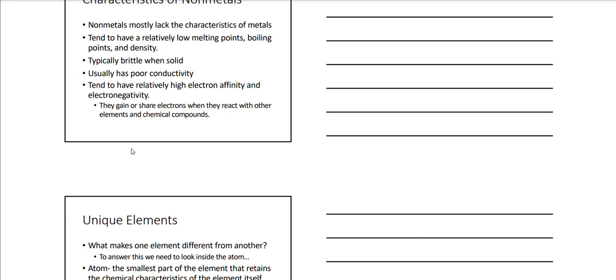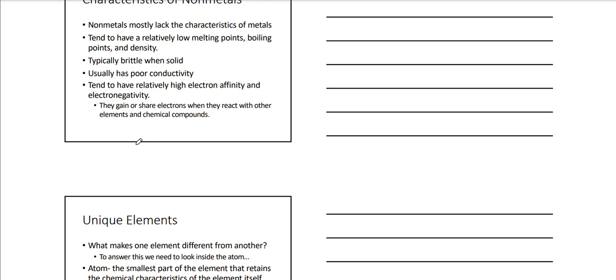Okay, so nonmetals tend to have a high electron affinity or high electronegativity. Now, what does that mean? This actually means a lot when it comes to chemical bonding. So I would like you to keep that thought in mind when it comes to electronegativity, because we are going to go over this when we talk about chemical bonding.